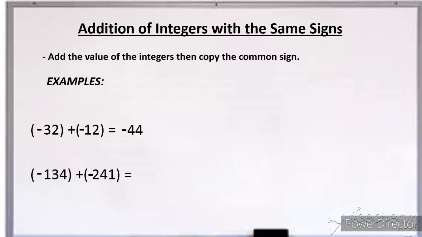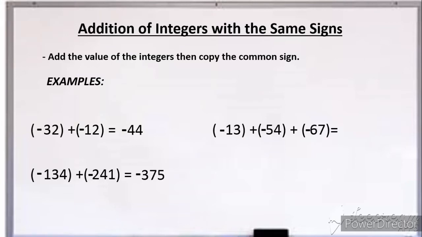So let's proceed to the next example. Negative 134 plus negative 241. So they are both negative, so you have to add 134 plus 241, and that is 375, and you have to copy the common sign, which is negative. So let's proceed to another example.